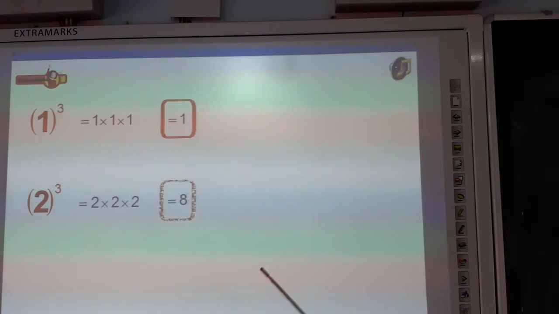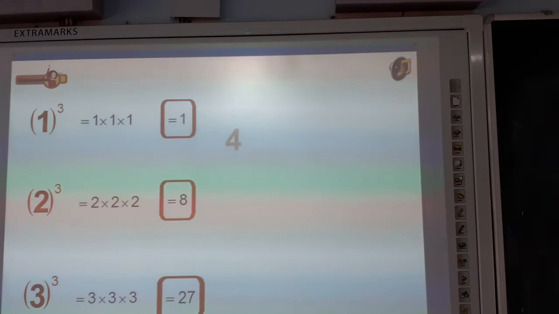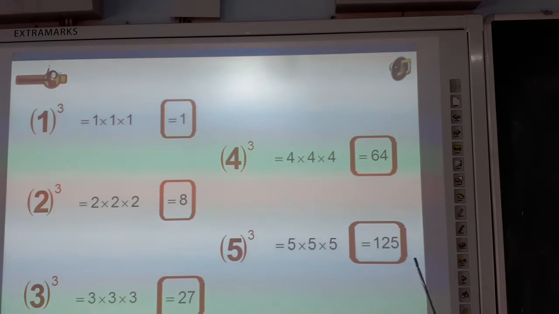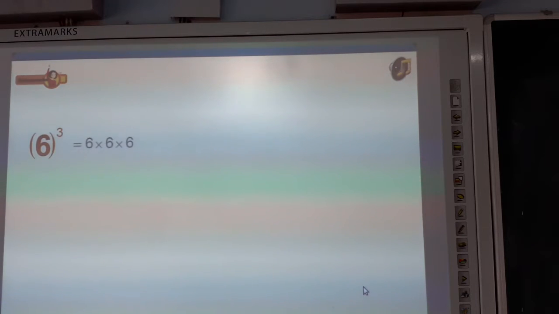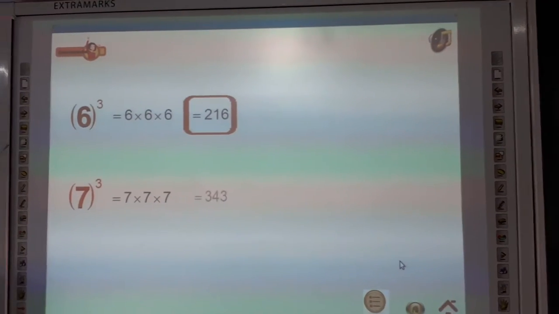Cubes of numbers from 1 to 10 in sequence order are shown here. This is now cube of 4, 64, cube of 5, 125, and then cube of 6 will be 216. Cube of 7 will be 343.